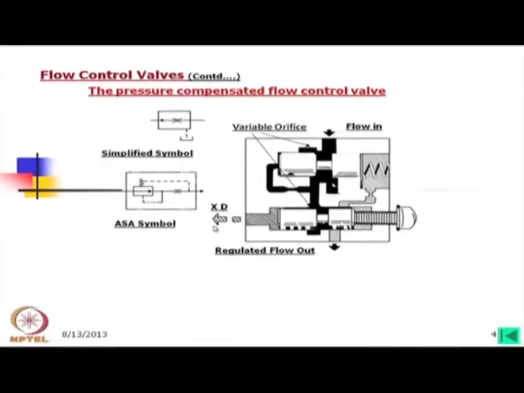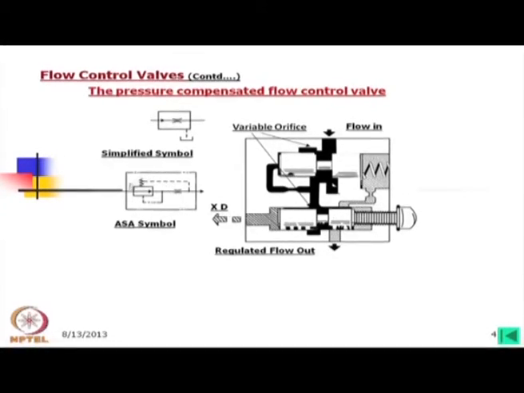However, in this configuration it is also possible that we can externally excite this spool and then there will be a change in flow, which will not act as a flow control valve, but bypass the flow. So, sometimes this external excitation is also required to operate this valve or to divert the flow.